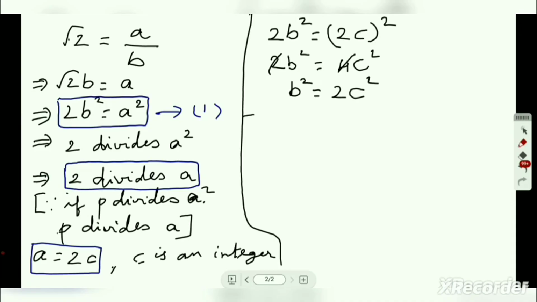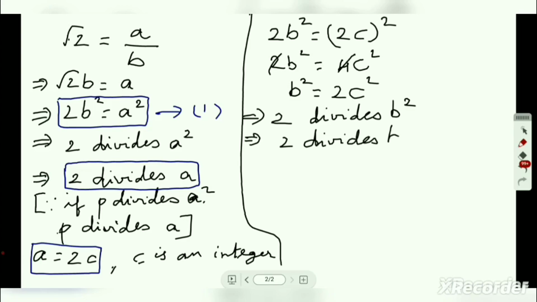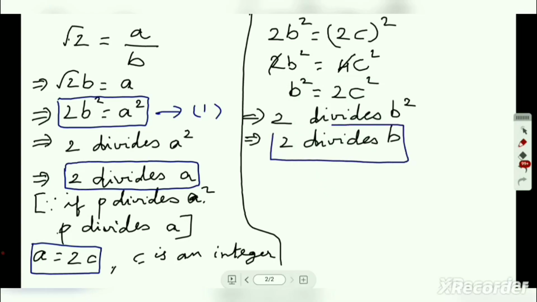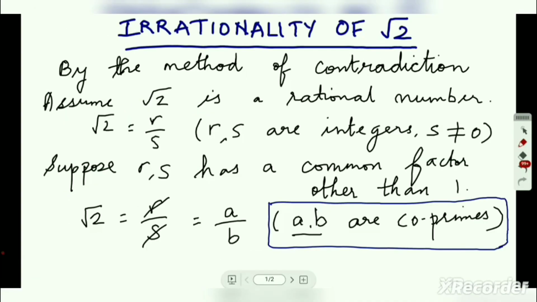Again, what does it mean? It means that 2 divides b square. Using the same theorem, we get 2 divides b. So what did we get now? 2 divides b. Here you got 2 divides a. But what have we taken?